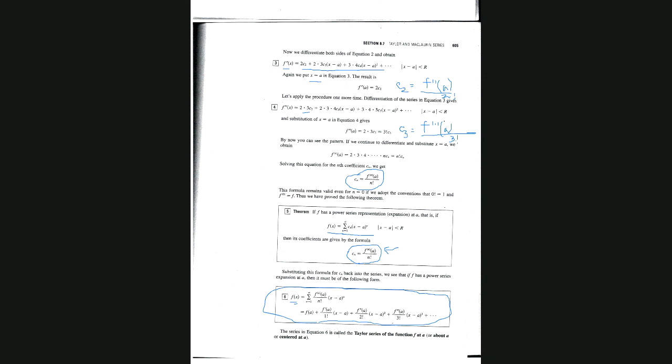And the power series is f of a plus f prime of a over 1 factorial times x minus a plus f double prime of a over 2 factorial times x minus a squared plus f triple prime of a over 3 factorial times x minus a cubed, and so forth. That's called a Taylor series of the function f at a, or centered at a.